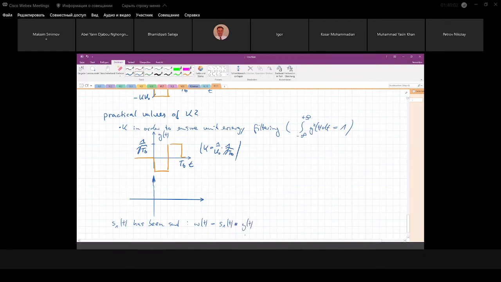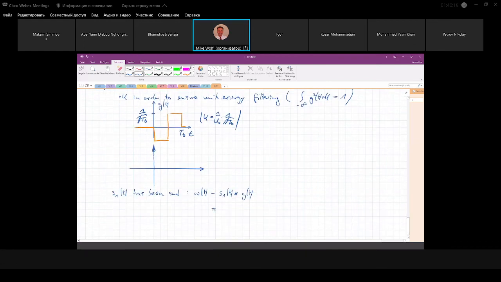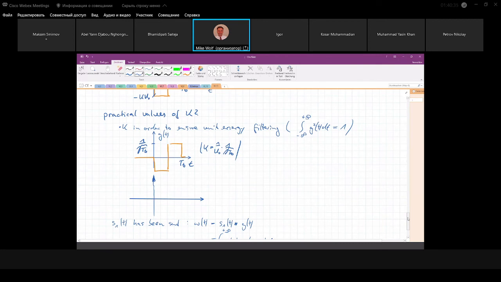To do the convolution, you remember, we flip this again to the left-hand side. Here you see this is the integral from minus infinity to plus infinity, S1 of tau times g of t minus tau, d tau. So we have to flip it again to calculate this for all the times. And since this is the causal version, it's like this.